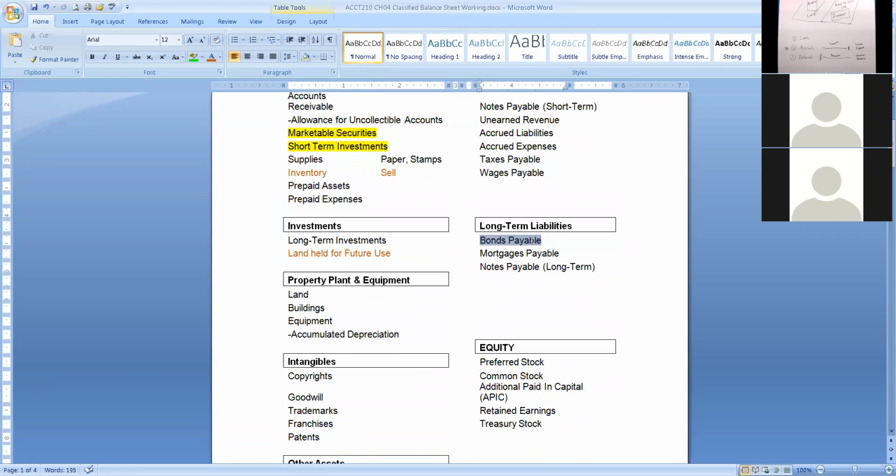Okay. Long-term stuff: bonds payable, mortgages payable, notes payable that are long-term, more than a year. Bonds payable are sort of like mortgages, but they're usually for much bigger amounts. If you want to buy a store, you can get a mortgage for $300,000, and that's not difficult to do.